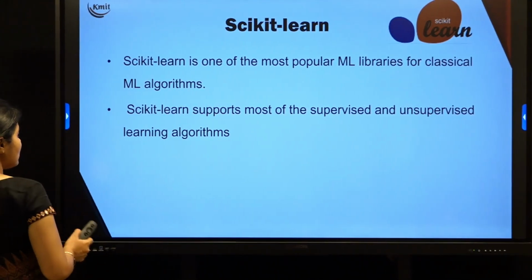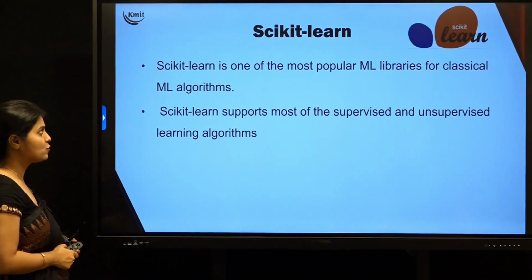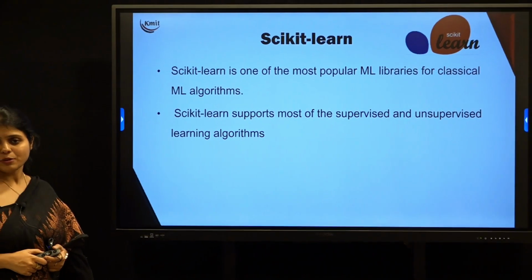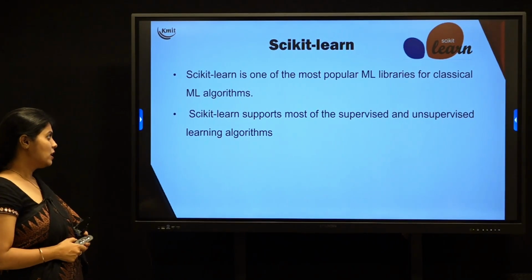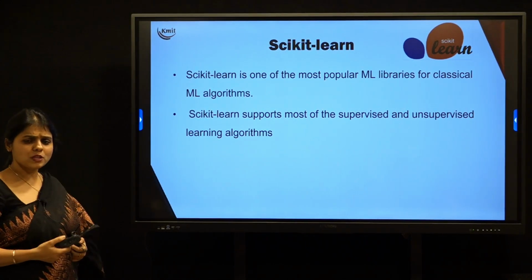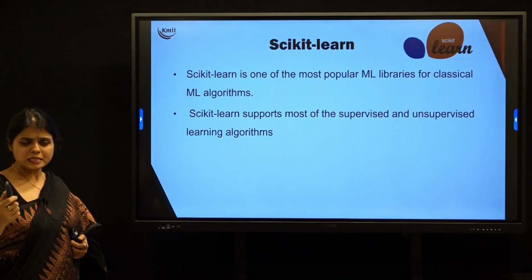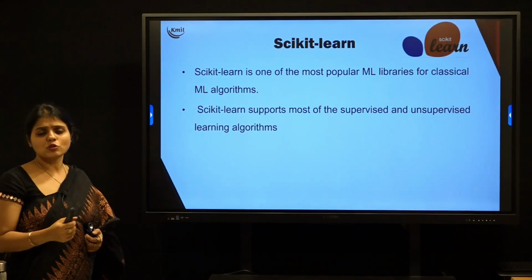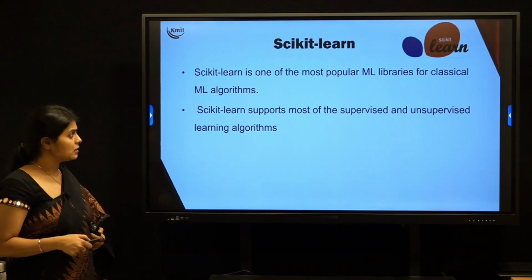Sklearn is one of the most important ML libraries for working with classical machine learning algorithms. It supports most of supervised and unsupervised learning, and some part of reinforcement learning can also be done using sklearn.